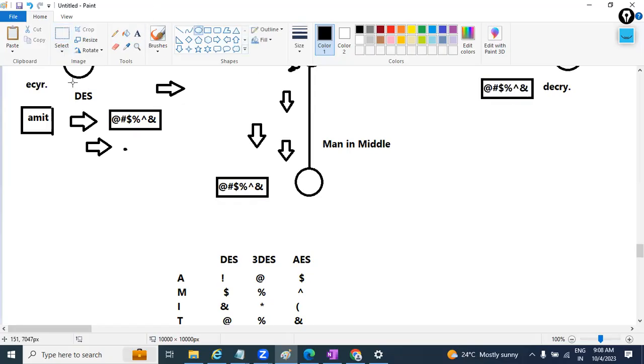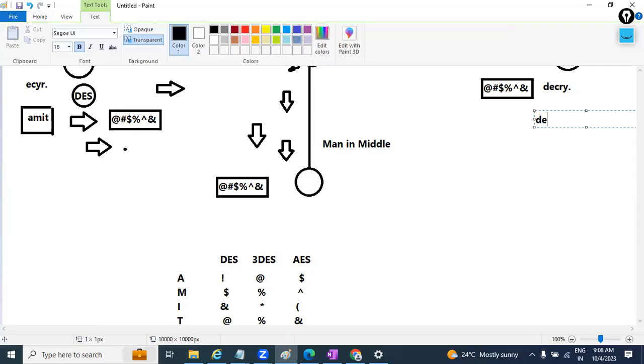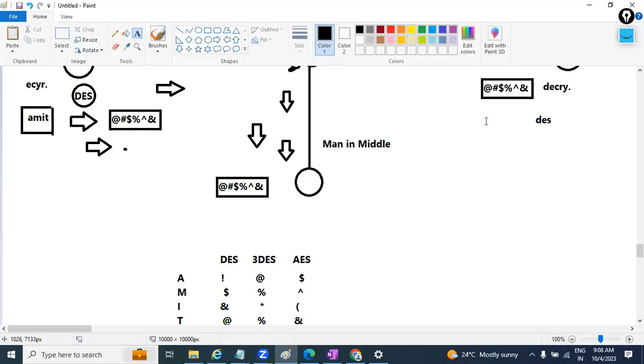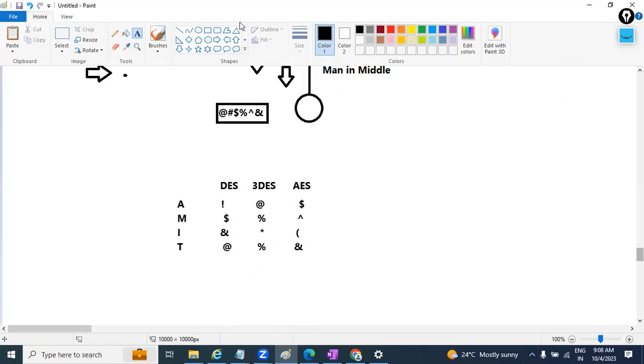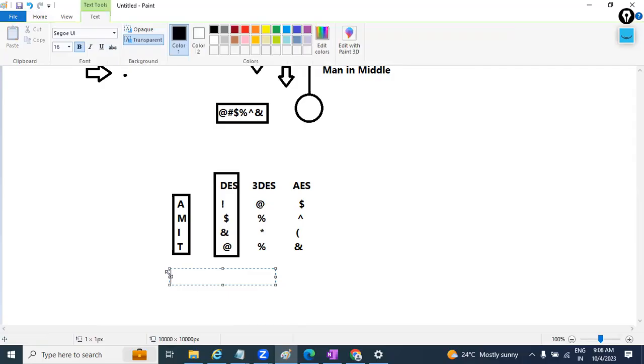Here we are using DES, and here also I'm using DES. It's mandatory: if you use DES for encryption, for decryption you also have to use DES. The reason is, let's consider my data is Amit. If I use DES here, it would convert my data into this form. This would be my data.